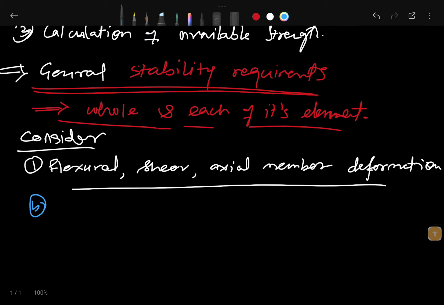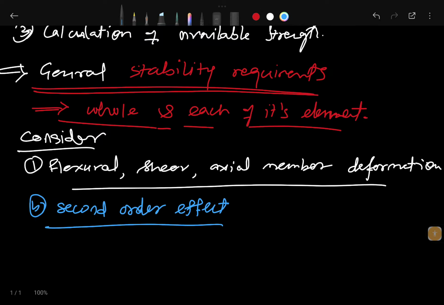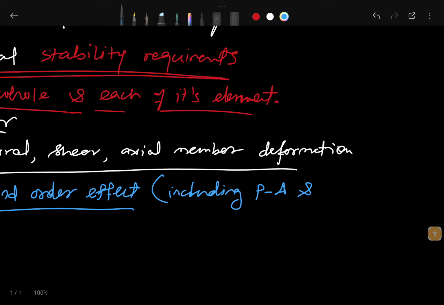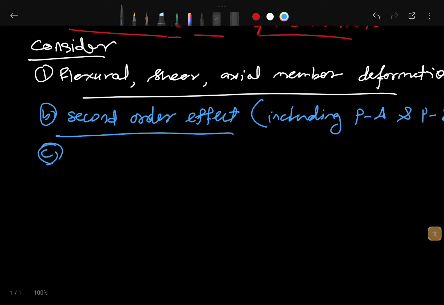Second, point B, second order effects, including P-delta and P-little-delta effects, which we consider.